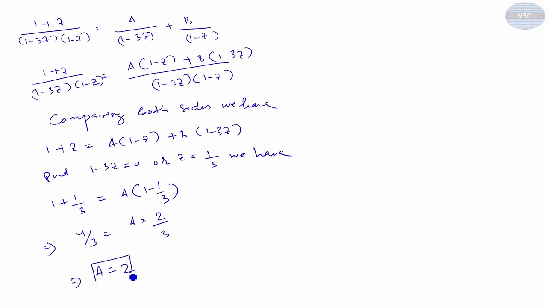Now we'll find the value of b. To find the value of b, we'll put 1 minus z is equal to 0, or z is equal to 1.